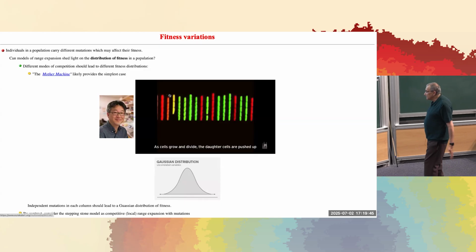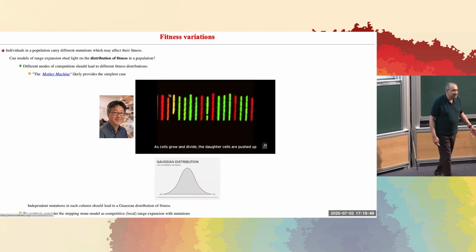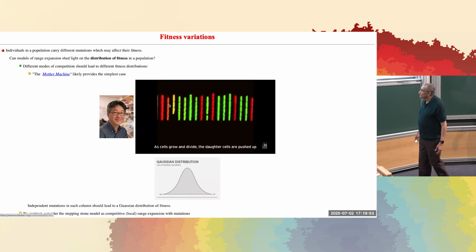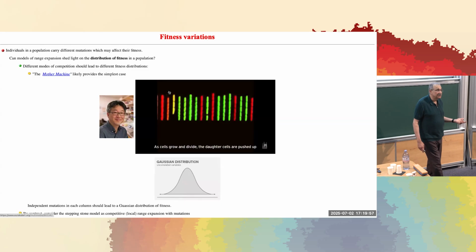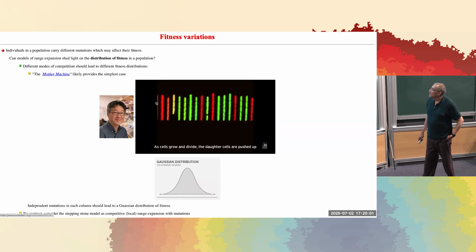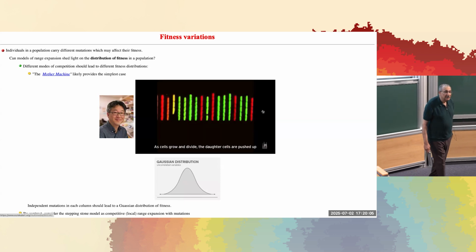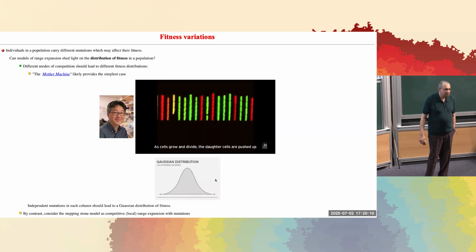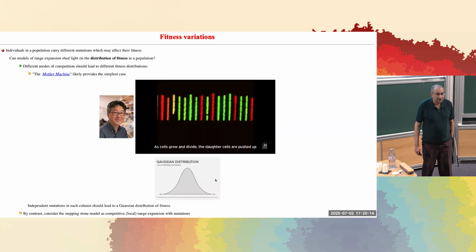If we assume that each child gets some random mutation, since there is no competition going on, there is no reason why the fitness of the child compared to the parent should be positive or negative. So the best guess is that if I look at the fitnesses of all the individuals at the top, they will be Gaussian distributed. It's sort of a zeroth order assumption. I see no reason why that shouldn't be the case.